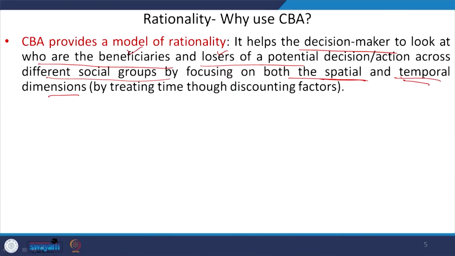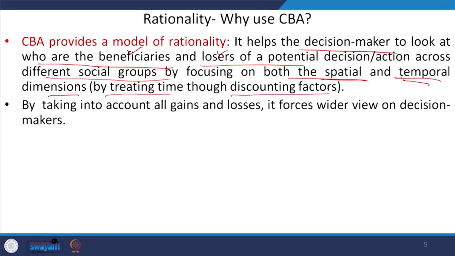When we say it takes the time dimension into account, the time is treated by considering the likely benefits or costs in the future using a concept known as discounting factors. So, in converting time, we take the discounting factors into account for monetizing the benefits and costs that will accrue in future times.